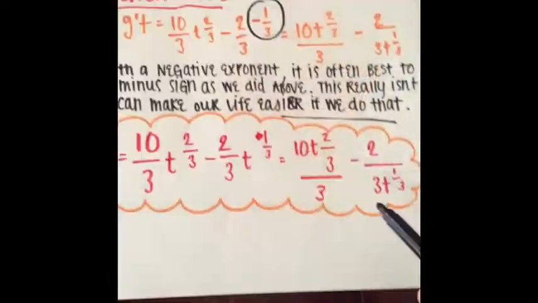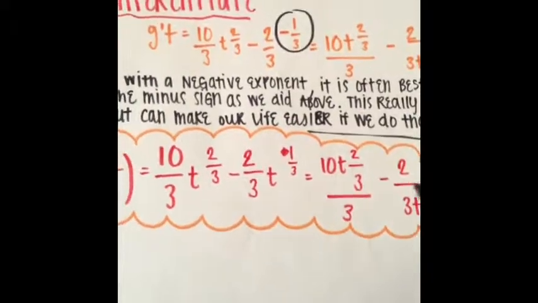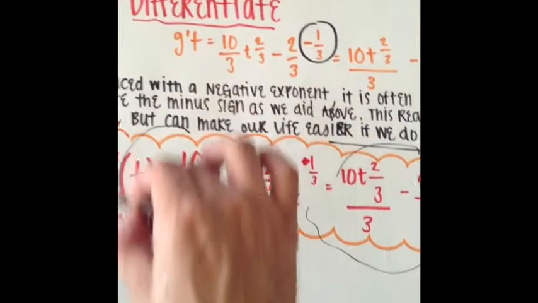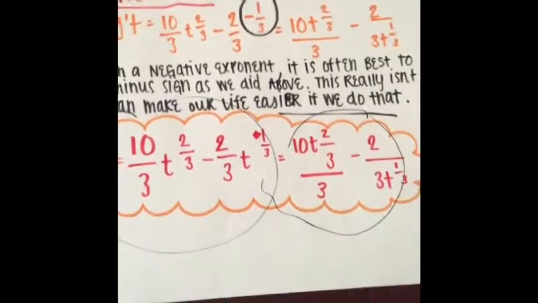So as you can see, we found one critical point, but now we need to find where the derivative is 0. To help, it's usually best to combine this term and this term into one rational expression.